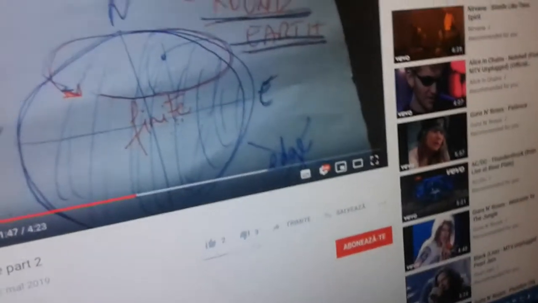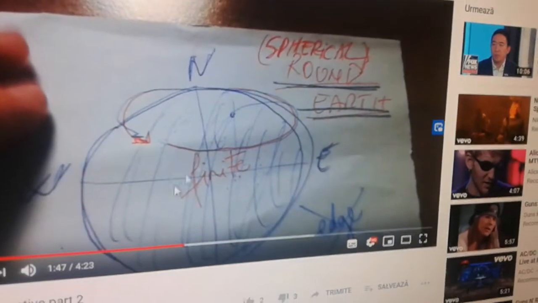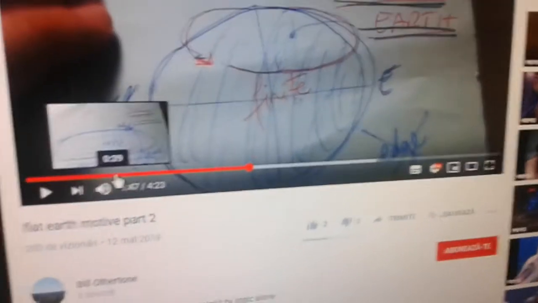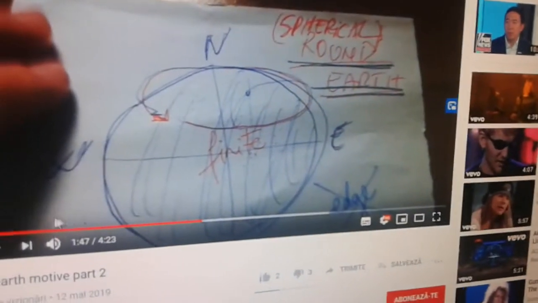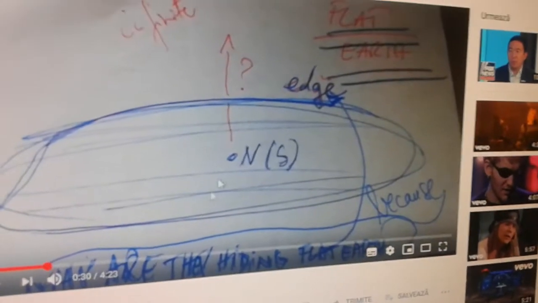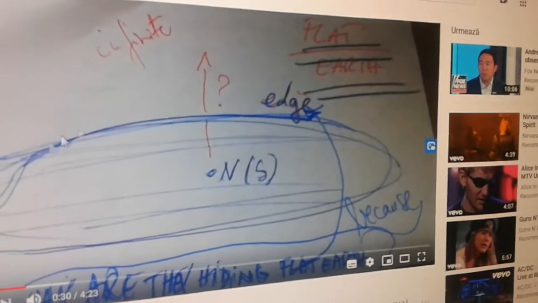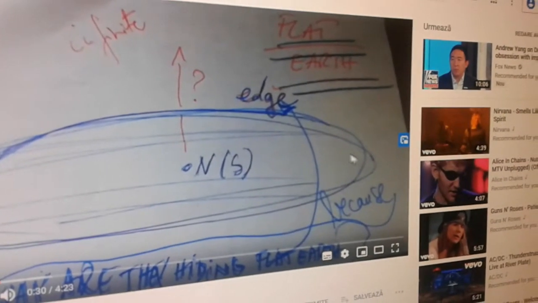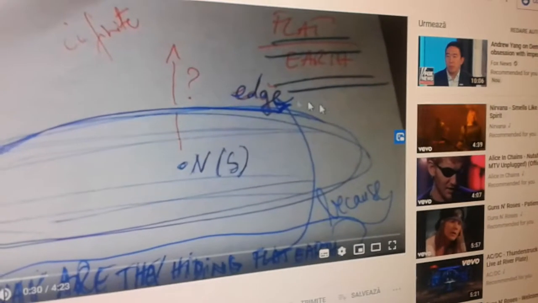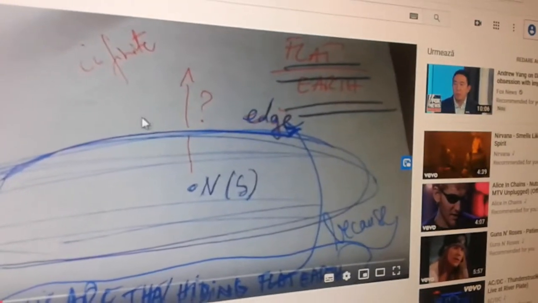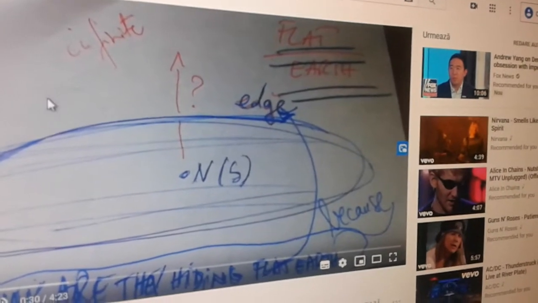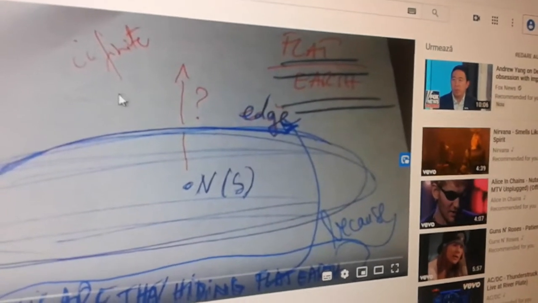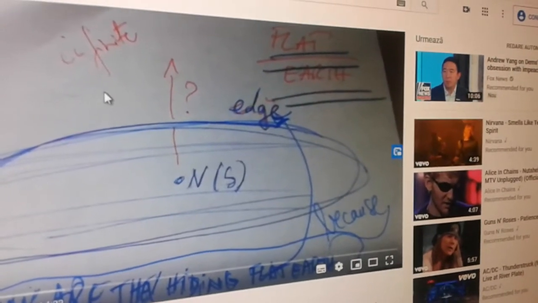If you recall my old video, Flat Earth Motive, this is in fact Flat Earth Motive Part 2, so if you want you can click and see what ideas I try to convey by that video. The idea of the flat plane is the idea of a plate and a wall, but the idea is that after this wall you have mathematical infinite possibility or not.